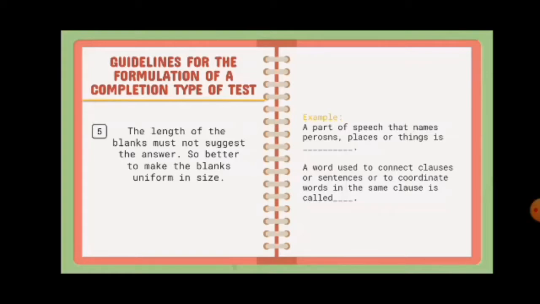So it must be uniform, or the same length as in the other items. Example: a part of speech that names persons, places, or things is blank. A word used to connect clauses or sentences or to coordinate words in the same clause is called blank.